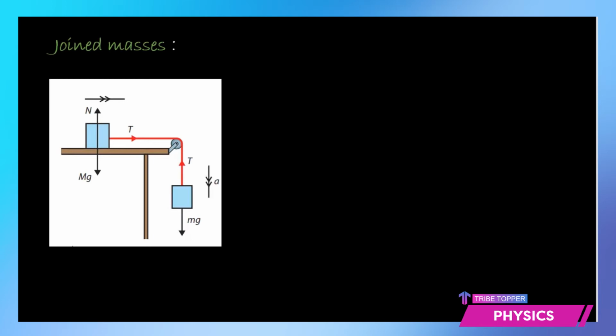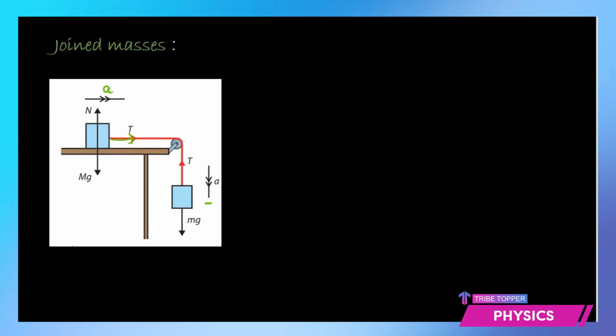As you can see here in this situation, this is one mass mg, which is going to just move down because the acceleration is marked here to the downward direction, and here it is marked towards right. So mg is pulling the mass downwards. That means this mass, which is resting on the table, is going to move to the right.